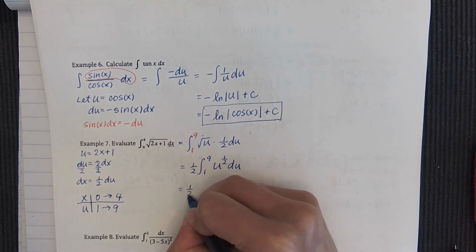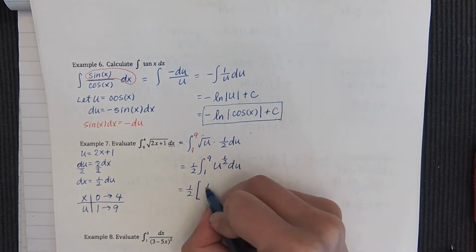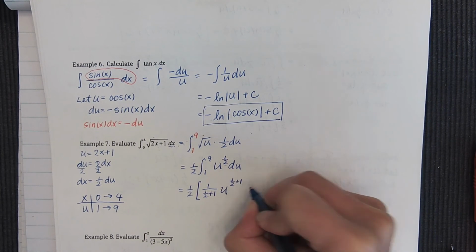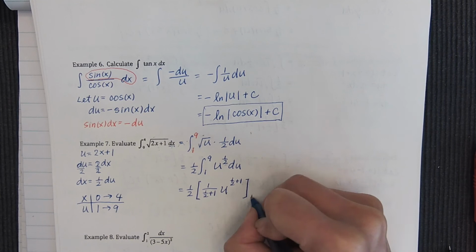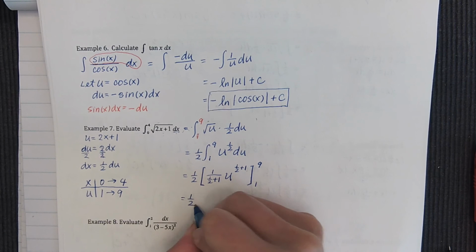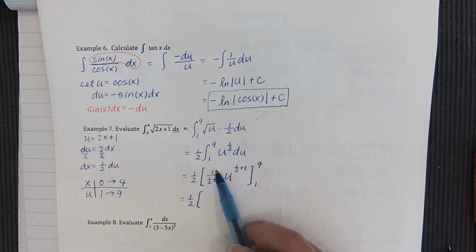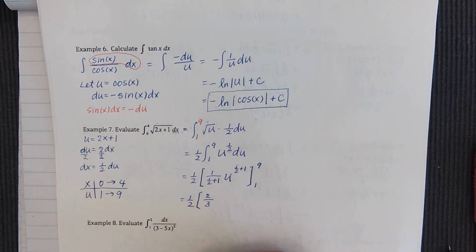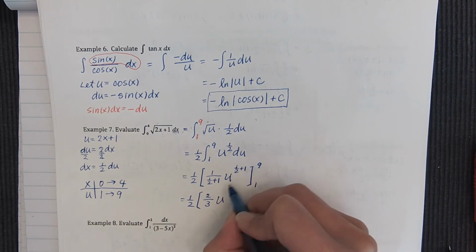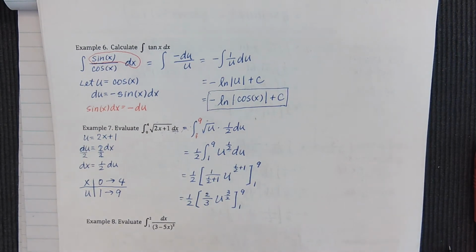So you get 2 over 3 times u to the 3/2, from 1 to 9.